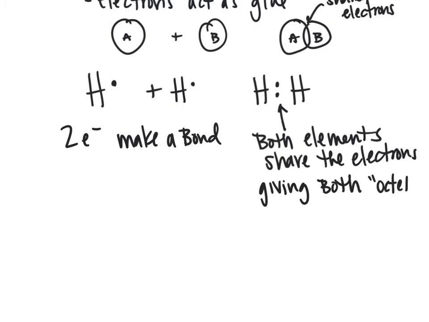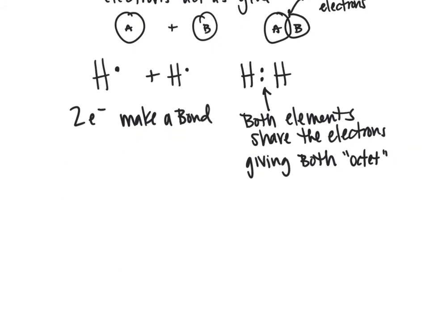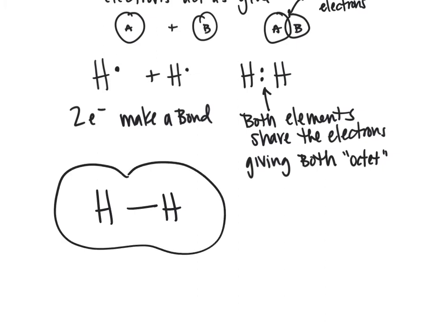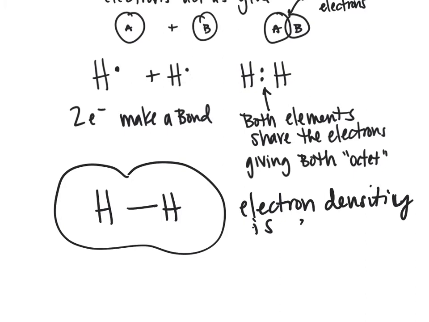octet. Now, the octet for hydrogen is in fact only 2 because it only has the 1s orbital. But when these two come together, they're creating a single element. And so what we see is that the hydrogen-hydrogen complex, so sometimes we draw the two electrons as a line, would basically have an equal electron density that is symmetric.